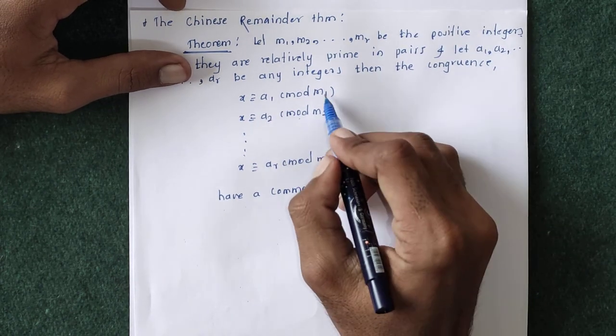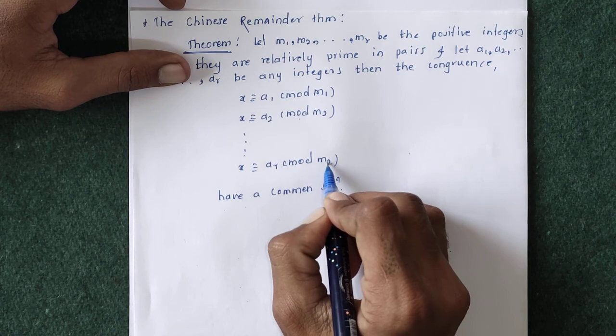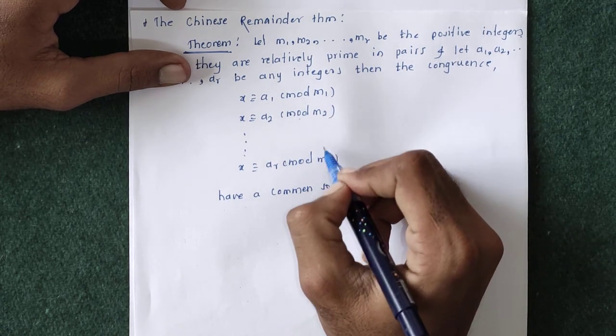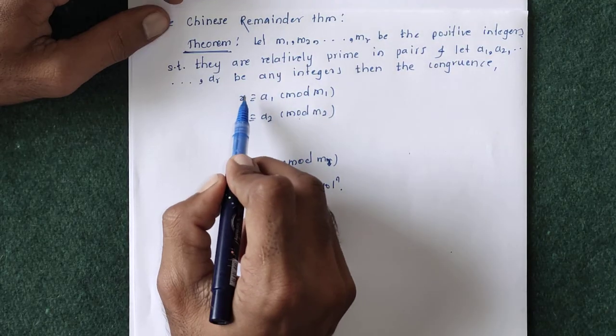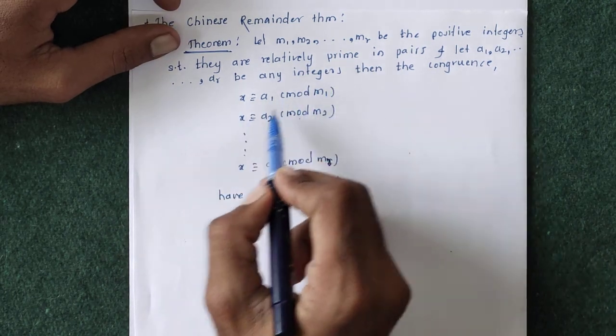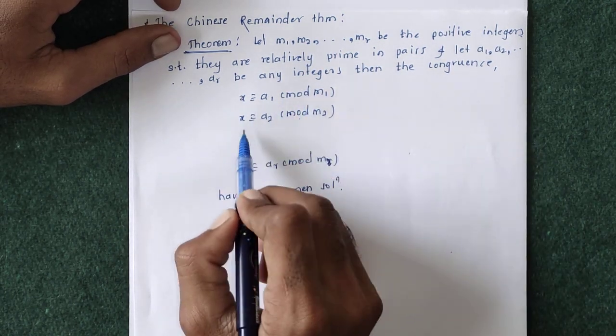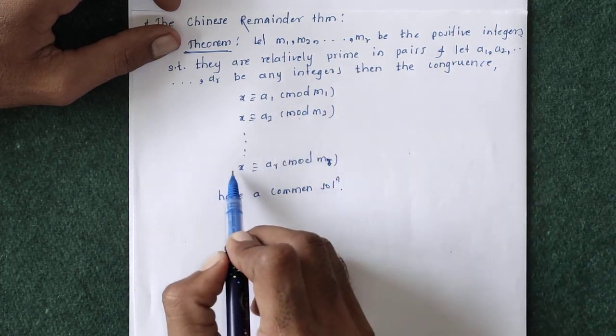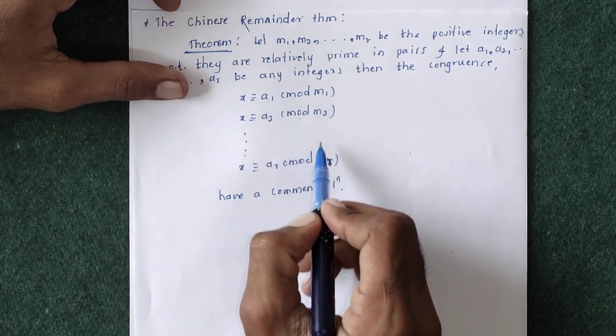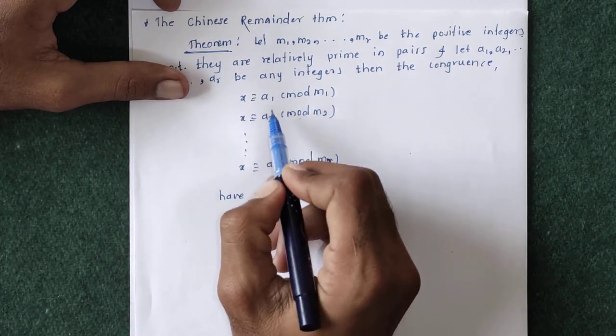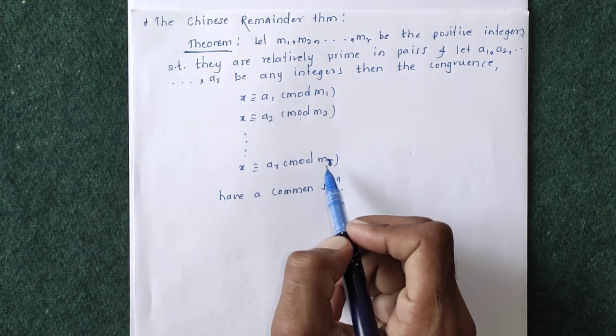That is, these r congruences have a common solution, that is, there exists an integer x which satisfies x congruent to a1 modulo m1, x congruent to a2 modulo m2, up to x congruent to ar modulo mr, that is, x satisfies all these r congruences.